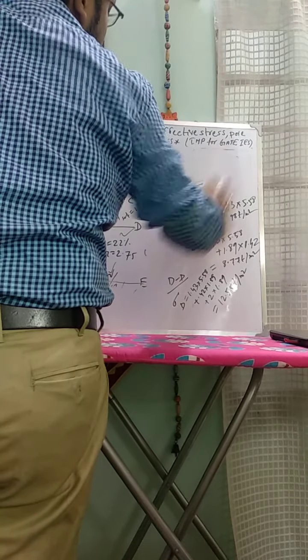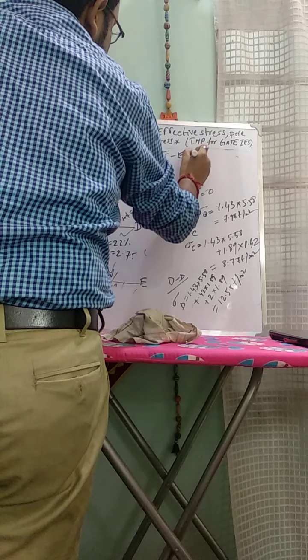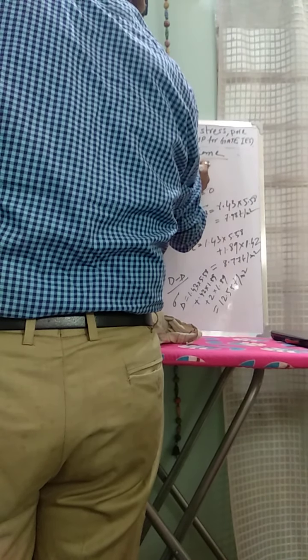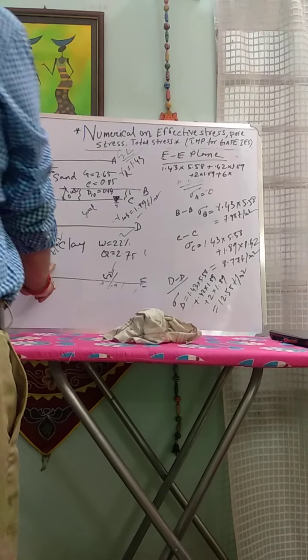Now at the E plane, it will be 1.43 into 5.58 plus 0.42 into 1.89 plus 2 into 1.89 plus 6 into the saturated unit weight of clay, that is 6 into 2.09, and the value is 25.09 ton per meter square.